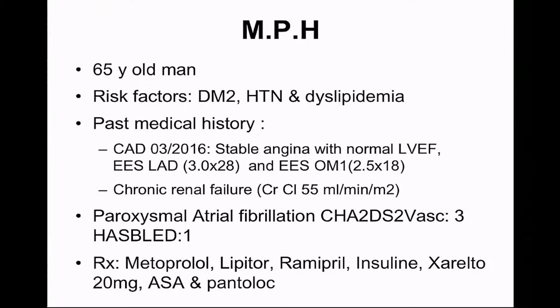He's also known for chronic moderate renal failure and paroxysmal atrial fibrillation with CHA2DS2-VASc score at 3 and HAS-BLED 1. His baseline medication includes aspirin, Xarelto 20 milligrams, and the conventional treatment for ischemic heart disease.